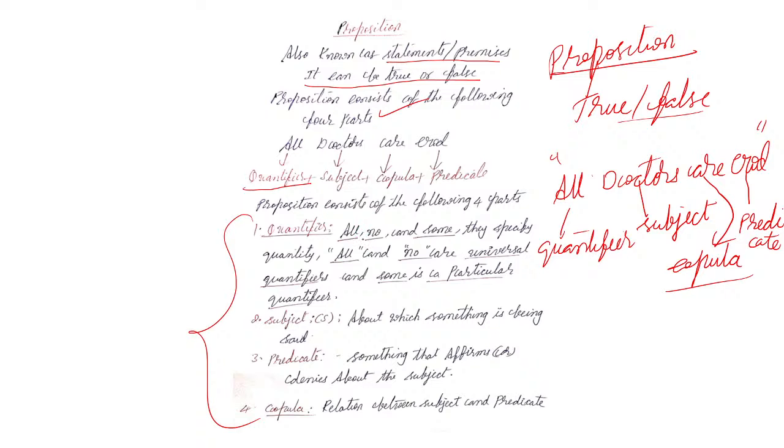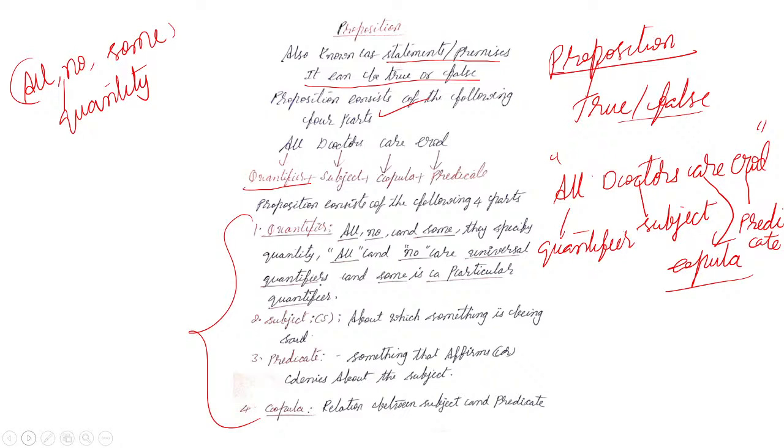Quantifier means all, no, and some. They specify quantity. What are they specifying? They are specifying quantity, right? That's why these are called quantifiers.